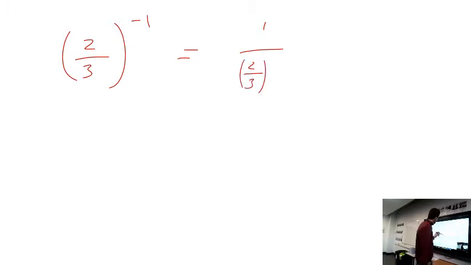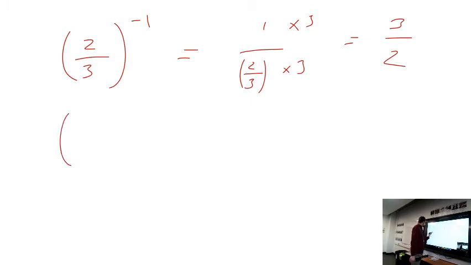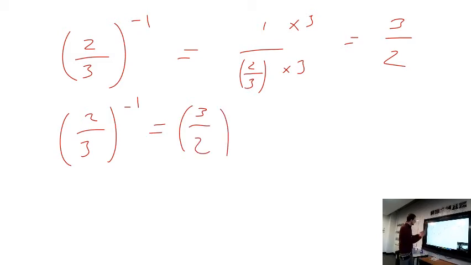And here we can multiply the top and bottom, the numerator and denominator, by 3. So this is going to be 3 over 2. So we can see that 2 over 3 raised to negative 1 is the same as 3 over 2. So we just switch the numerator and the denominator.